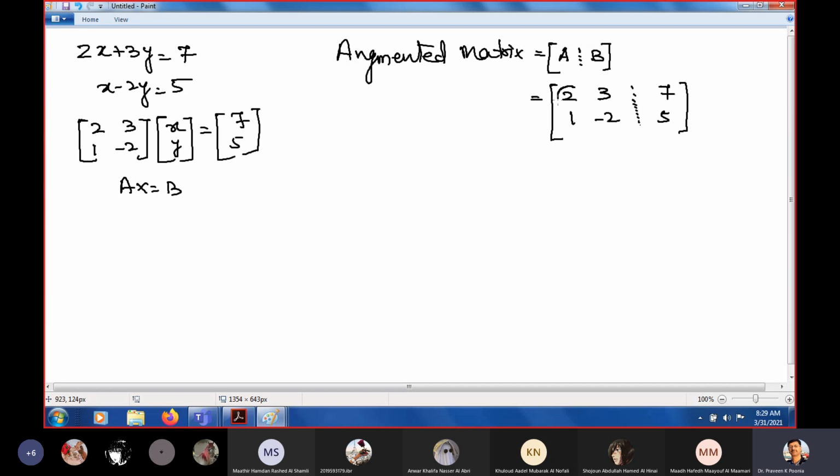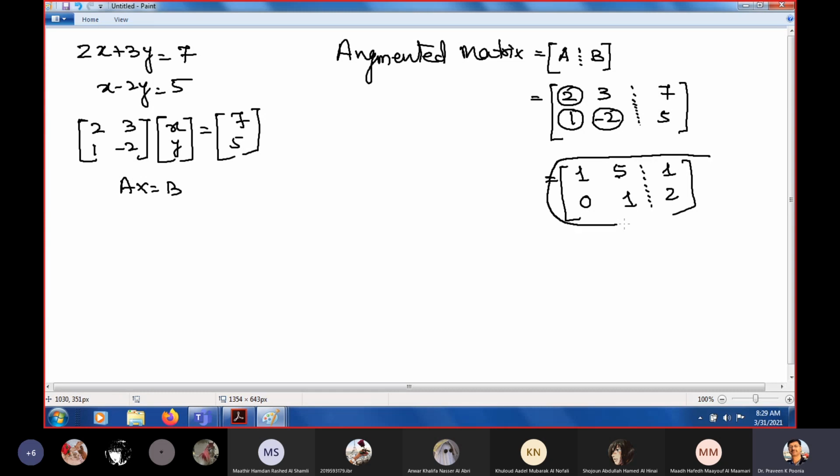We need to change this entry into 1. Then we need to change this entry into 0. Then we need to change this entry into 1. And while we are doing this, we will get some different entries here, and these entries also change like this one. So we will get an augmented matrix in the Gauss elimination method.